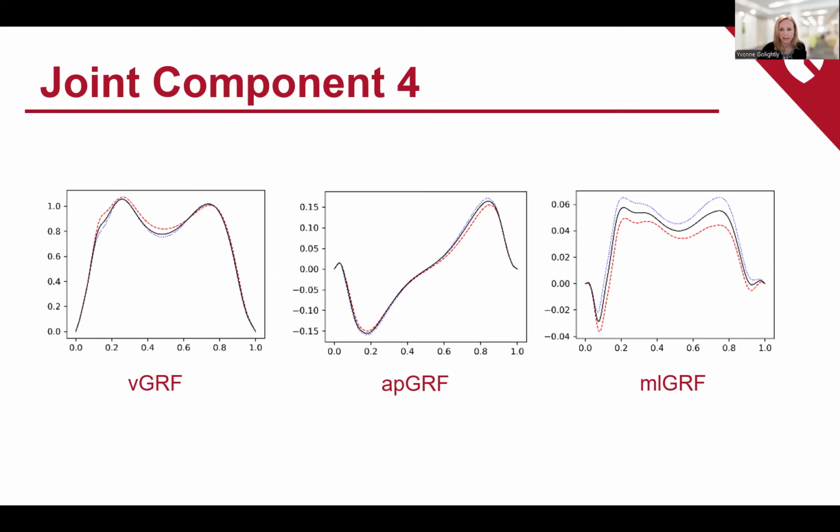For the AP ground reaction force, the rise in the anterior peak on that red curve for the worst knee OA occurs a little bit later. And then the red medial lateral ground reaction force, which is representing the worst knee osteoarthritis, reflects this overall pattern that's more in a lateral direction.